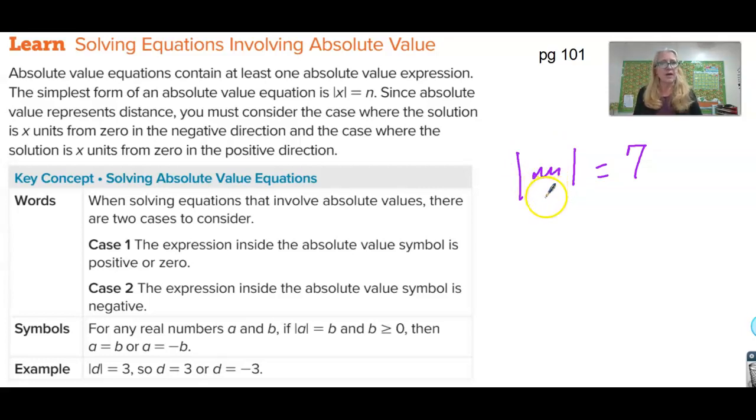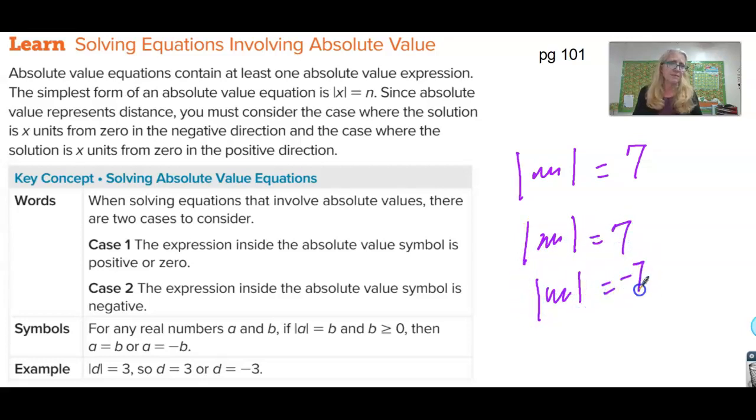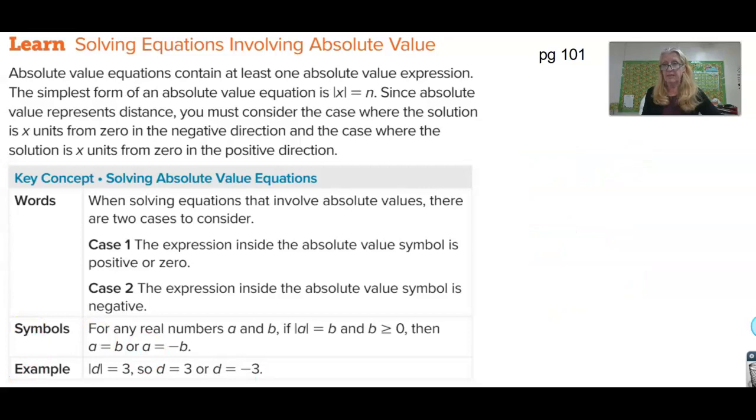That's the thing you don't know. So when we're solving absolute value equations, we have to take that gobbledygook and say, okay, maybe it was 7, but then we have to say, well, maybe it was -7. So we're generally going to have two solutions to these equations, the positive solution and the negative solution. Moving on. Well, that's what all those words say.